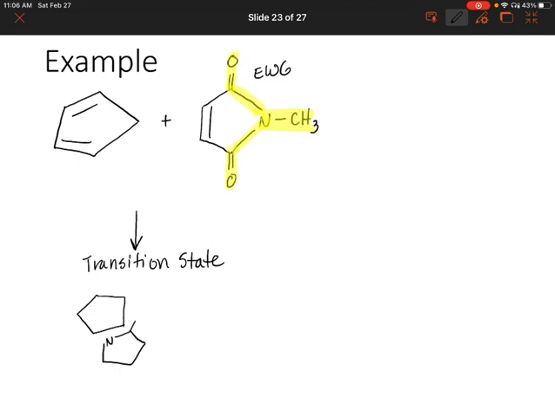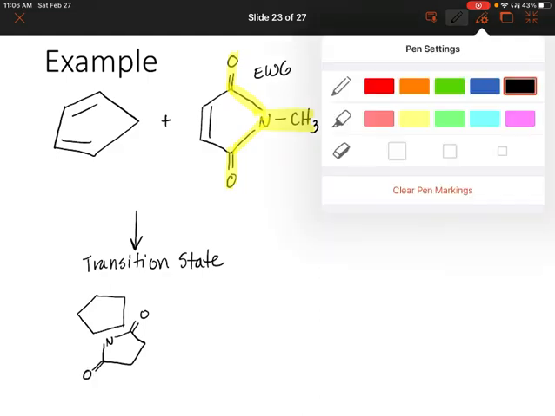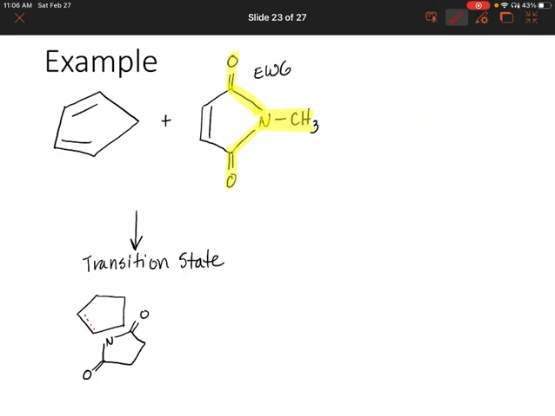Oh man, this is hard. Okay, I'm trying to draw it sideways. All right, and then we've got delocalized electrons. They're going to come down and form bonds.